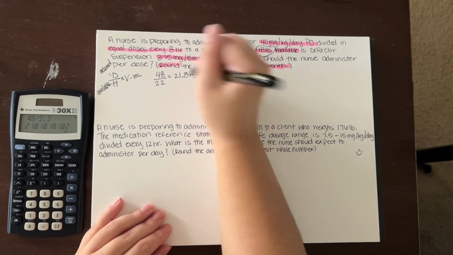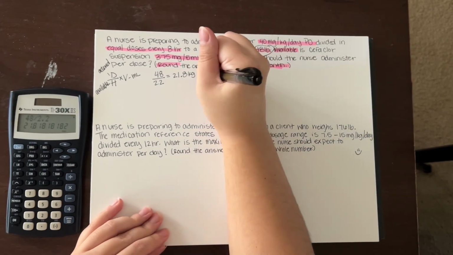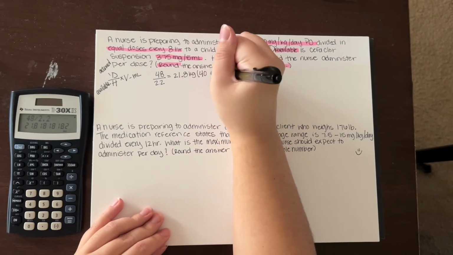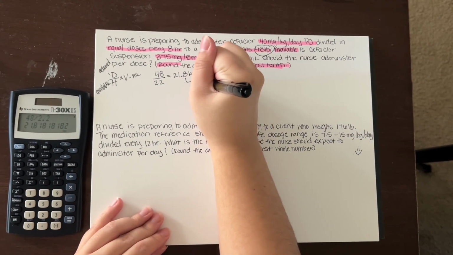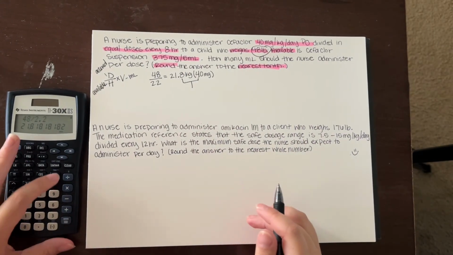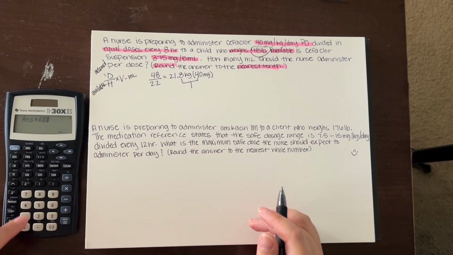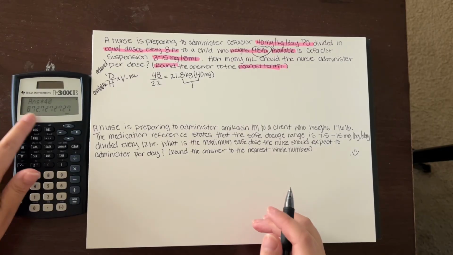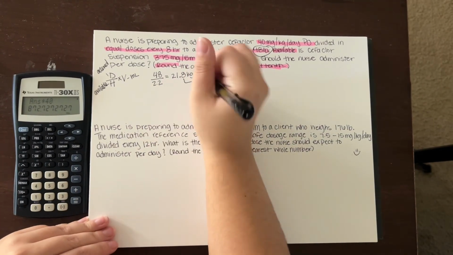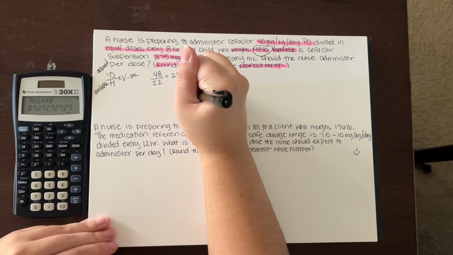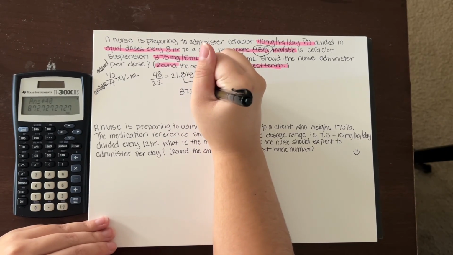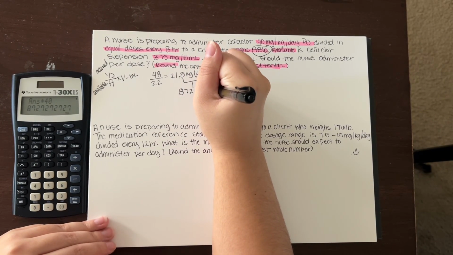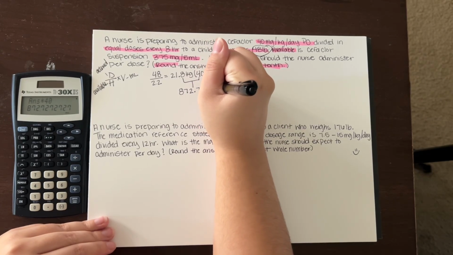So you're gonna times 21.8 by 40 mg, okay? And then together, it's gonna get you 872.7272.